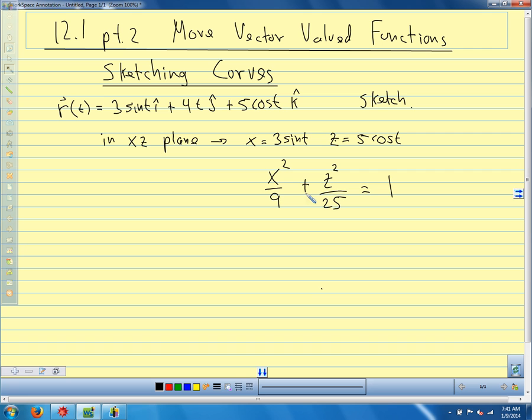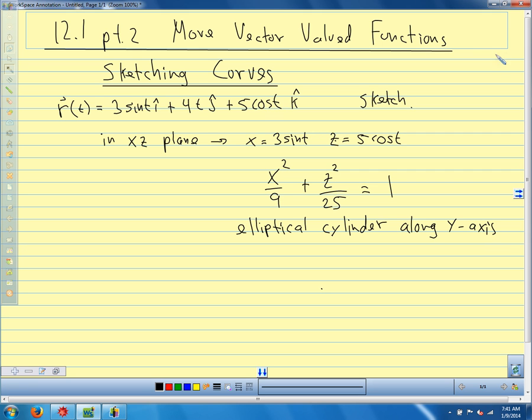We said when we have one missing coordinate, we get a cylindrical surface. So this is an elliptical cylinder along the y-axis. So our curve is going to lie on that cylinder.